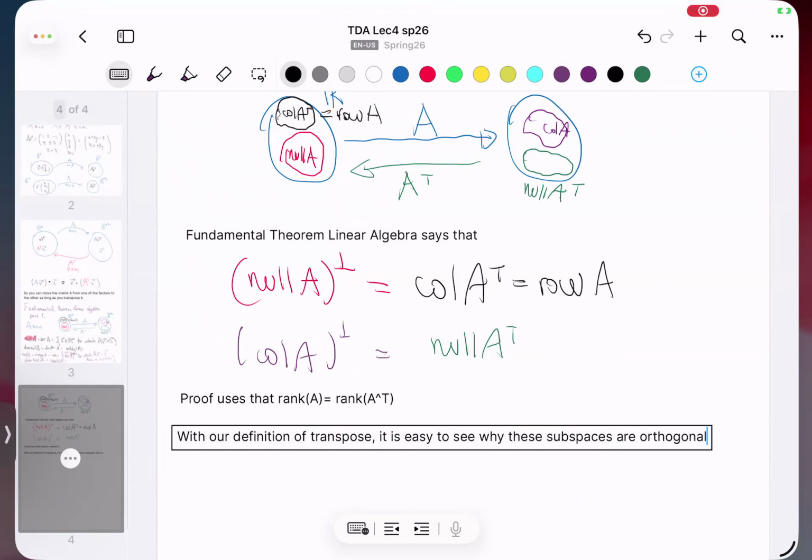I'll just show you that quickly. So why are these two orthogonal?